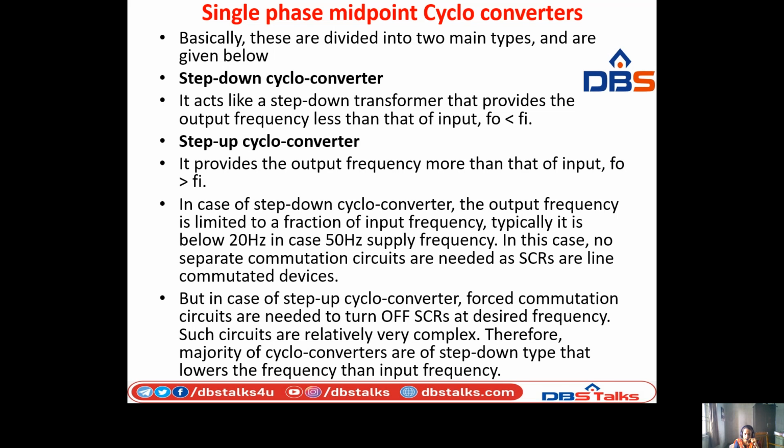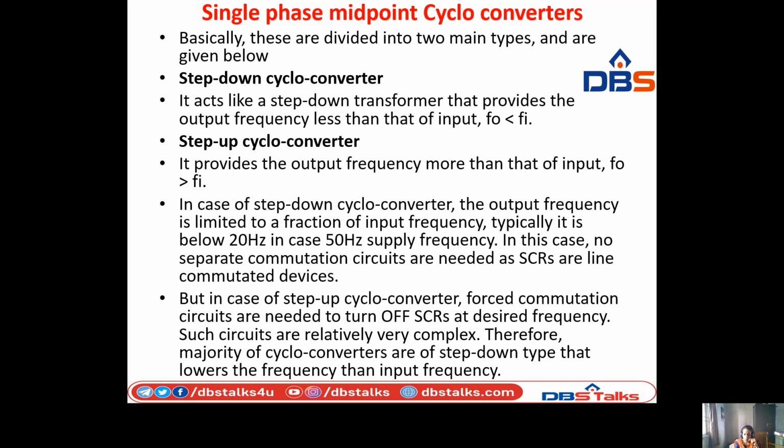These are divided into two main types, step down cycloconverter and step up cycloconverter. The step down cycloconverter acts as a step down transformer and provides an output frequency less than the input frequency. The step up cycloconverter provides an output frequency more than the input frequency. For step down, the output frequency is limited to a fraction of the input frequency, typically below 20 Hz for a 50 Hz supply.